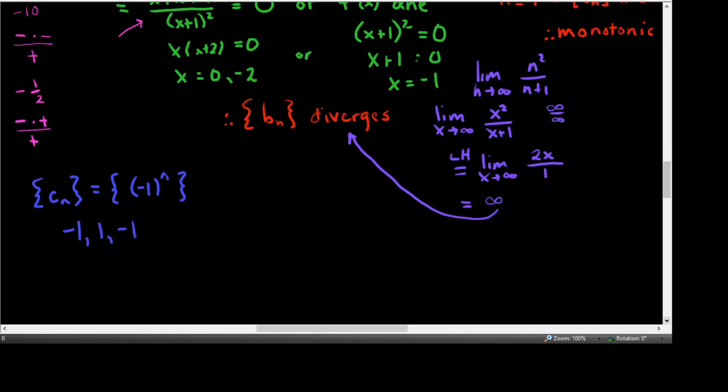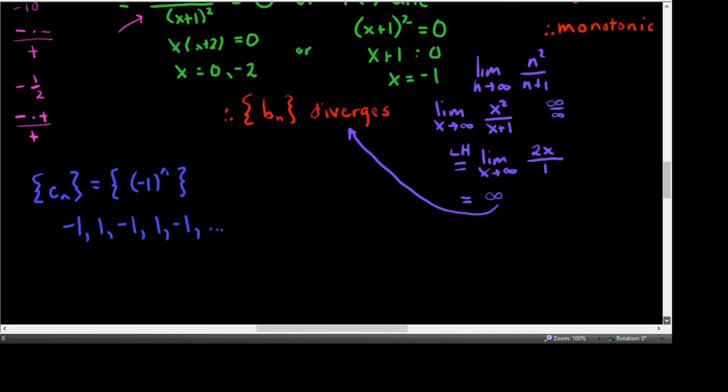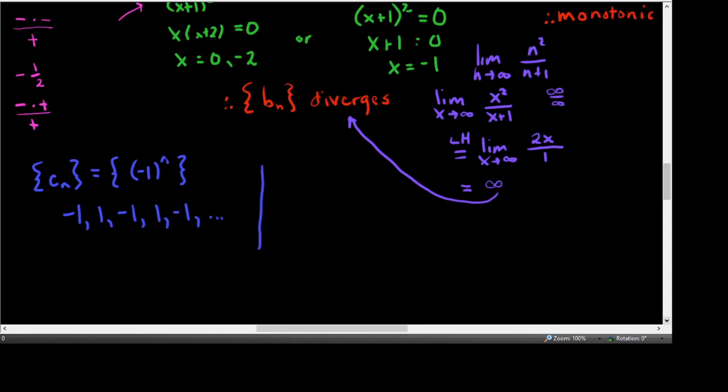Put in 3, I'll get negative 1. 1, negative 1, etc. So if we looked at the graph of this one, graphing this one, I got negative 1, 2 is 1, then negative 1, then 1, negative 1, then 1, etc.